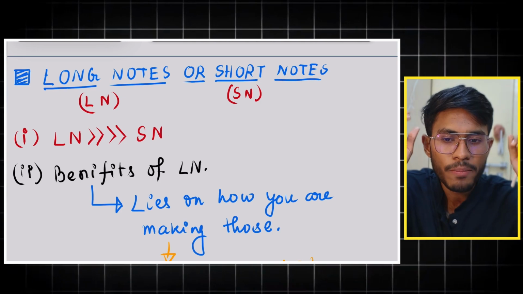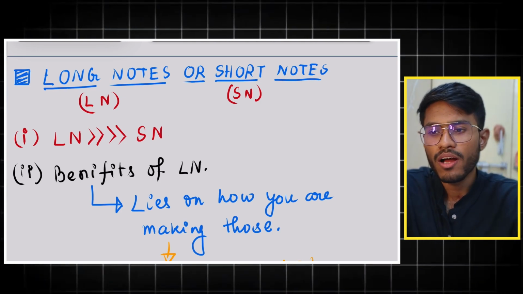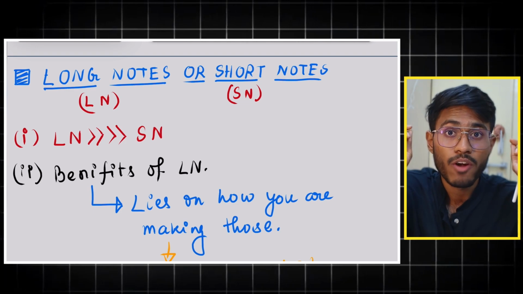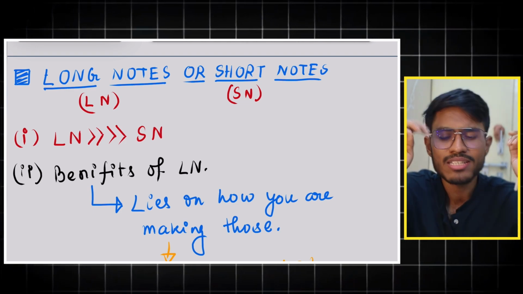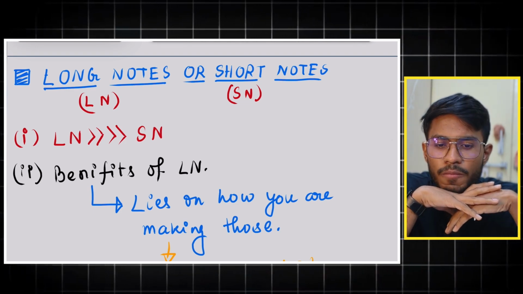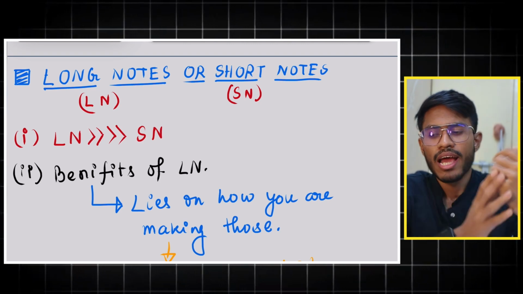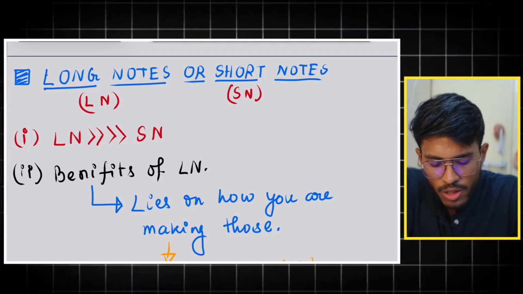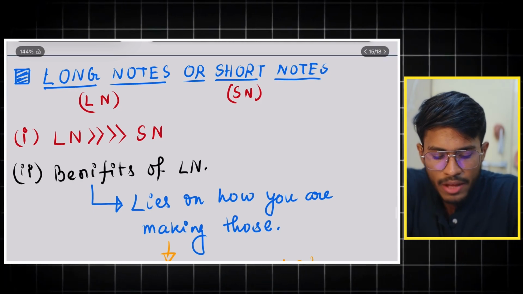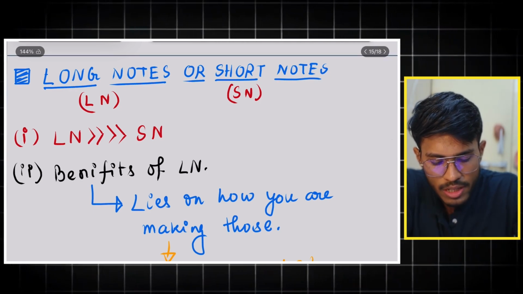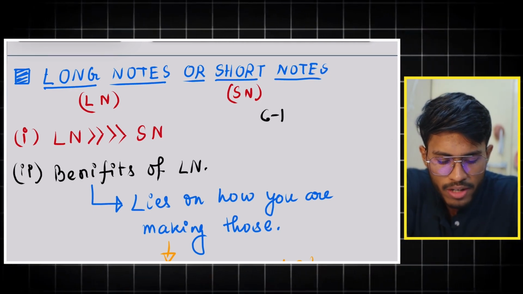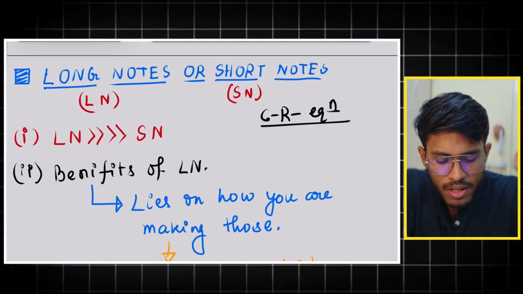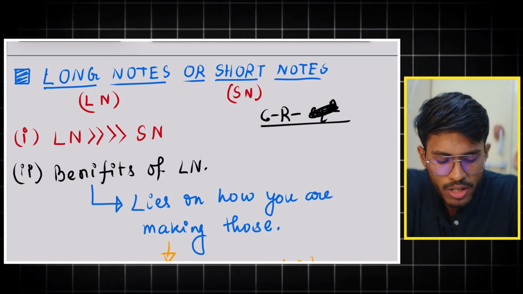So when you are making short notes, let me take an example from engineering maths. If you are studying complex analysis and the Cauchy-Riemann equations, let me do it briefly. Those are not equations, those are actually conditions.